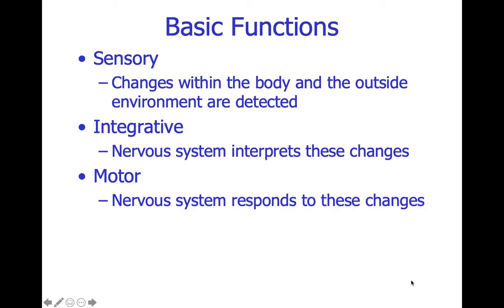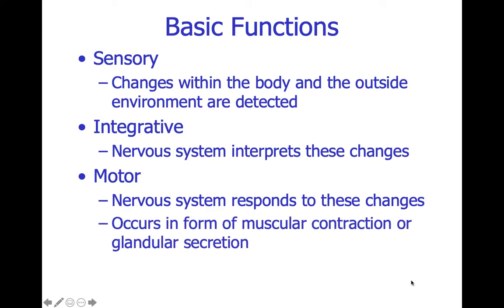Sensory has sent in a signal saying, whoa, oxygen level is low in the blood. Integrative says, oh, geez, what are we going to do about that? Do we need to do anything about it? Is it really, really low, or is it just a little bit low? If it's really, really low, we've got to do something, so we're going to send a signal through the motor system. However, if it's just a little bit low, we sit back and wait and see, keep an eye on it. And if it gets worse, then they'll do something about it.